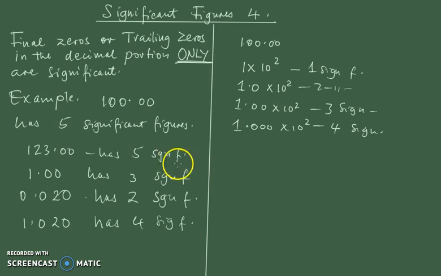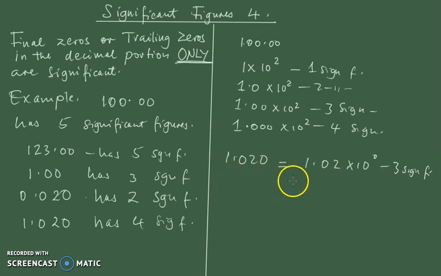Now, if we write 1.020, this is the same as 1.02 times 10 power 0, because nothing has changed. This has 3 significant figures.